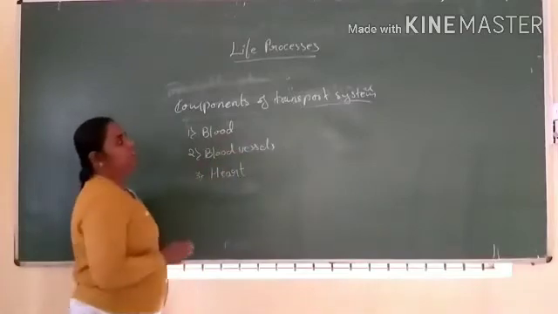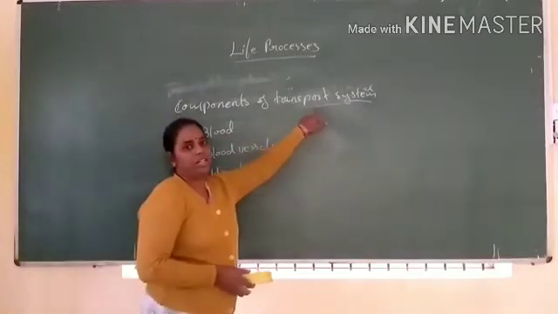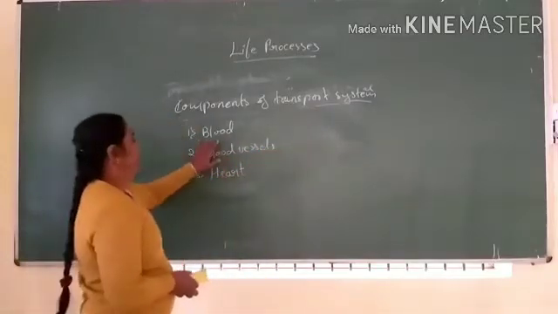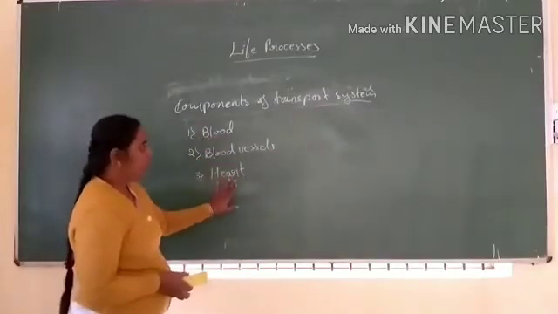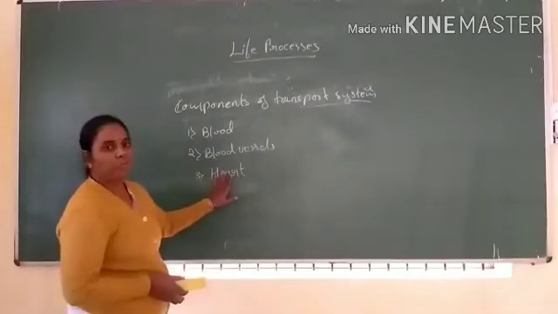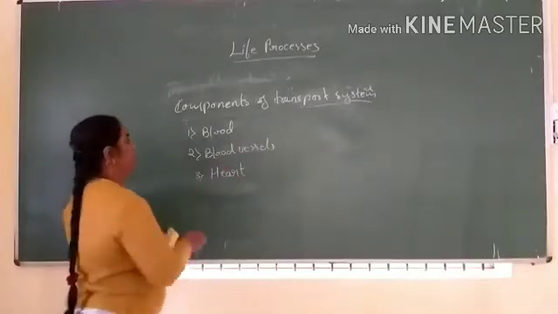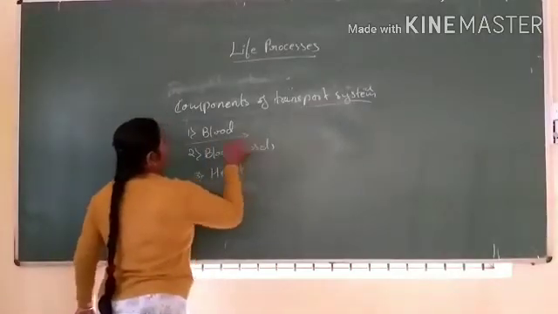These three are the components of the human transport system, and all these three are collectively involved together and perform the function of transportation. Now we go to the blood.